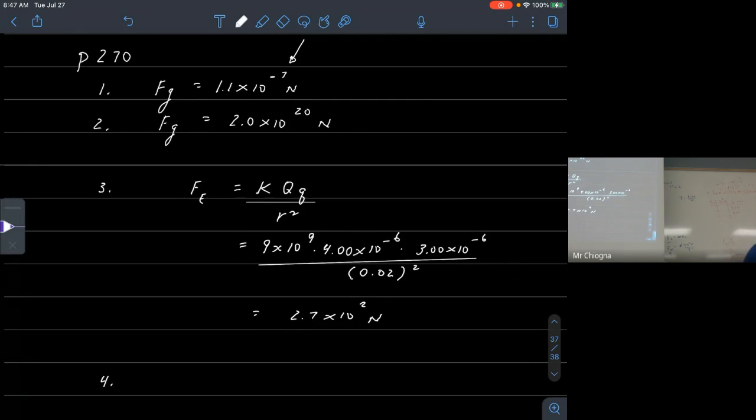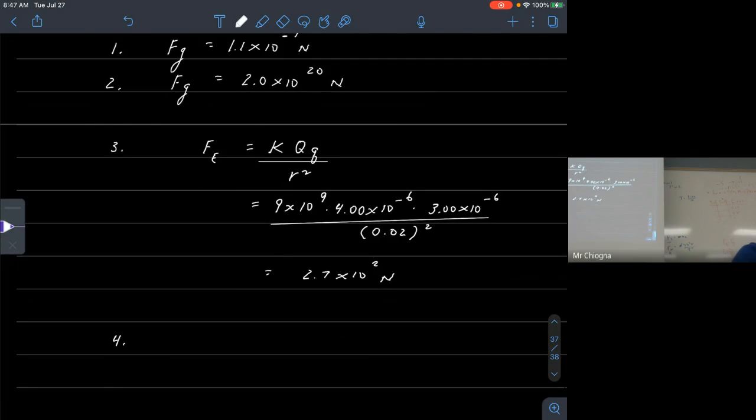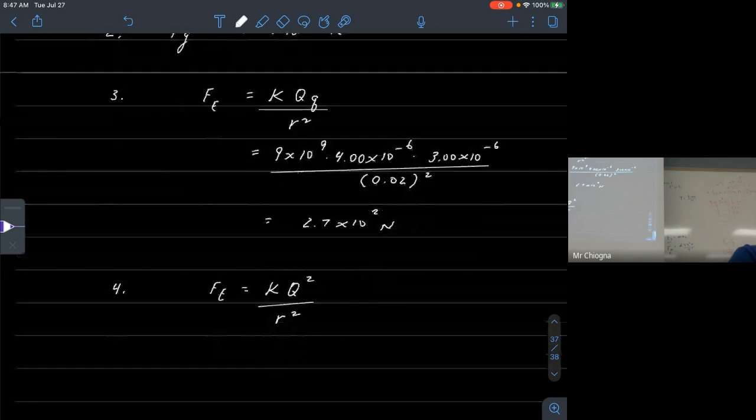For 4, what's the charge on each point? So they're equal charges. So you've got, I just put Q squared for equal charges. What is that charge?